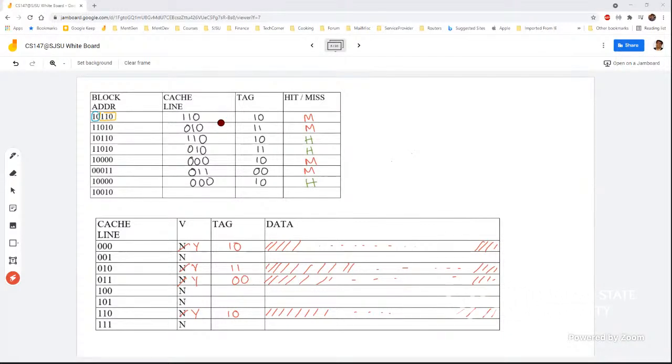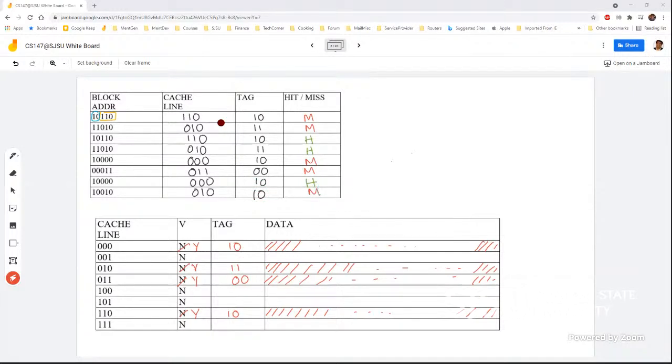On to the next one, it is 1001. So 010 would be my cache line, and the tag would be 10. In that case, what would happen is, 010 is valid, but the tag does not match. So that's a miss scenario. What will happen?